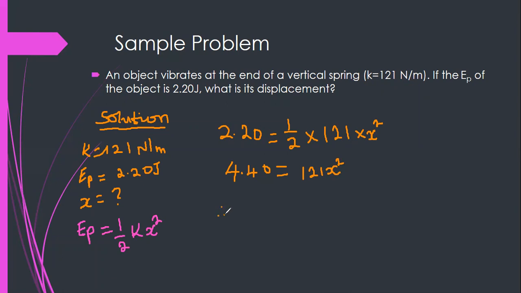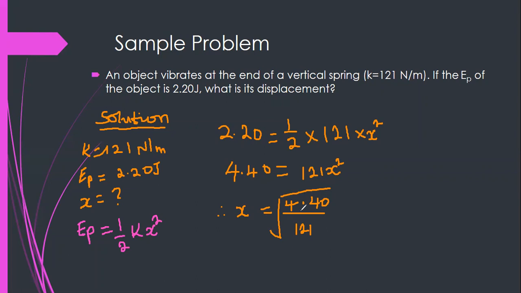Therefore, we say that x is equal to the square root of 4.40 divided by 121, if you want the short way, without wasting much time.